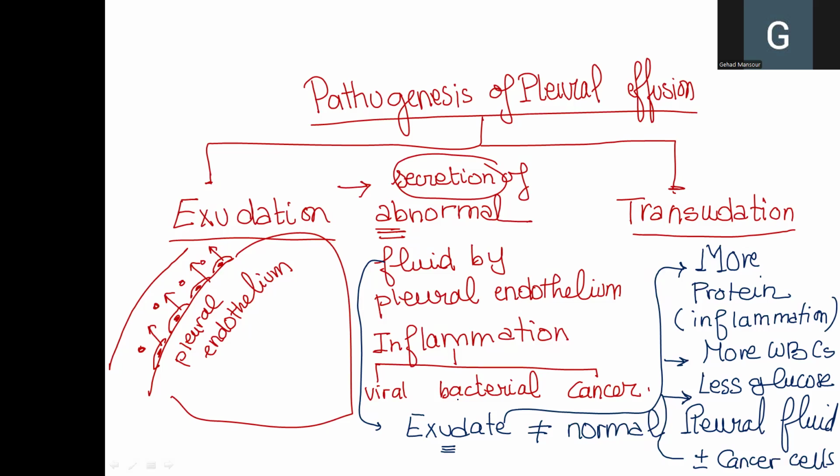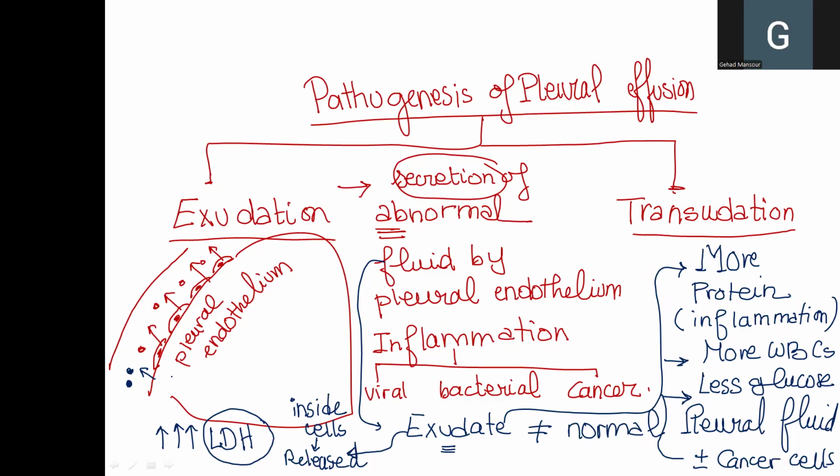But there is also another important characteristic of the exudate, which is an increased concentration of an enzyme called LDH enzyme. This LDH enzyme is normally present inside the pleural cells, but when the pleural cells are damaged, it is released outside the pleural cells, and LDH will be released into the pleural space.